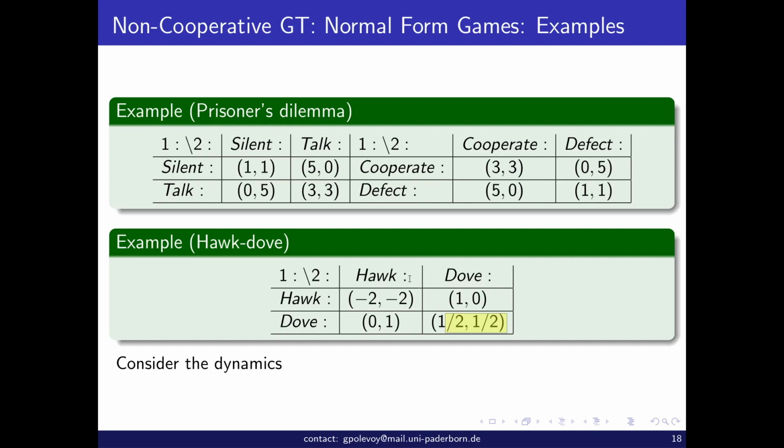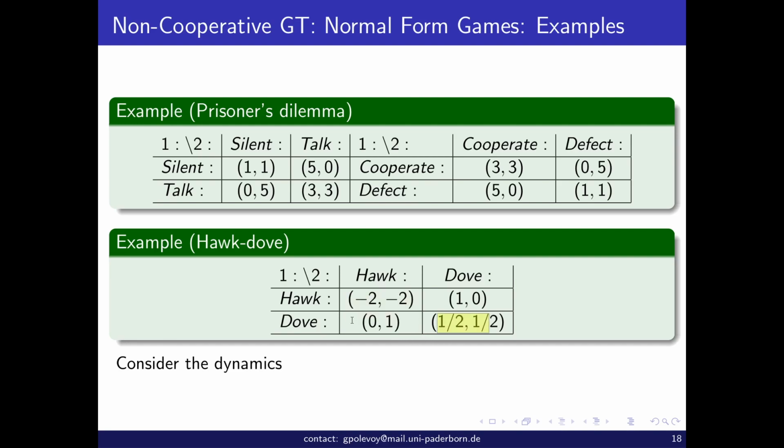So then you move to both being hawks, and that's how they alternate between hawk and dove. That's interesting, isn't it? So we know that if they start as hawks, they're going to alternate infinitely long. The same if they start as doves.